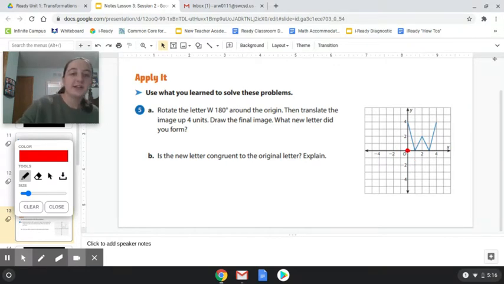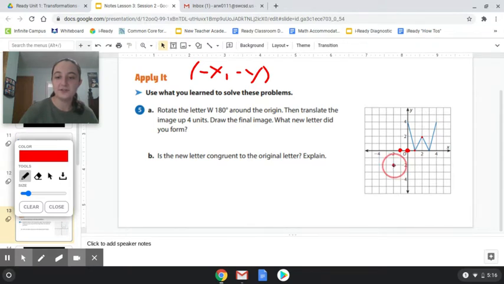Remember, when you do 180 degrees, you're making your X and Y their opposites, which could be written algebraically like this. So we have our first point here, which is at 1, 0. So now it's going to be at -1, 0. We have our second point here, which is at 2, 2. So now we're at -2, -2.